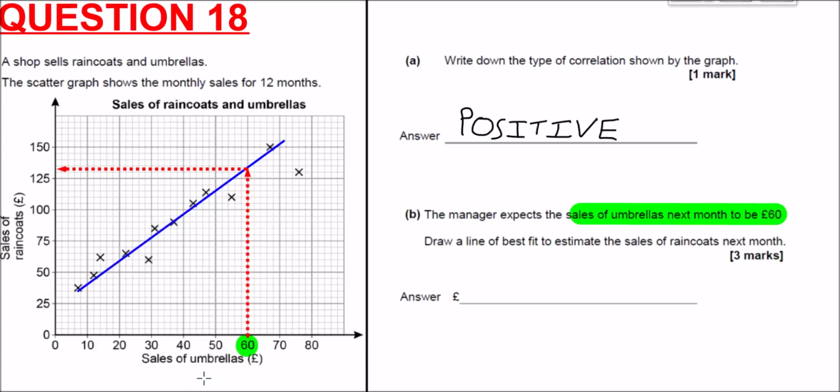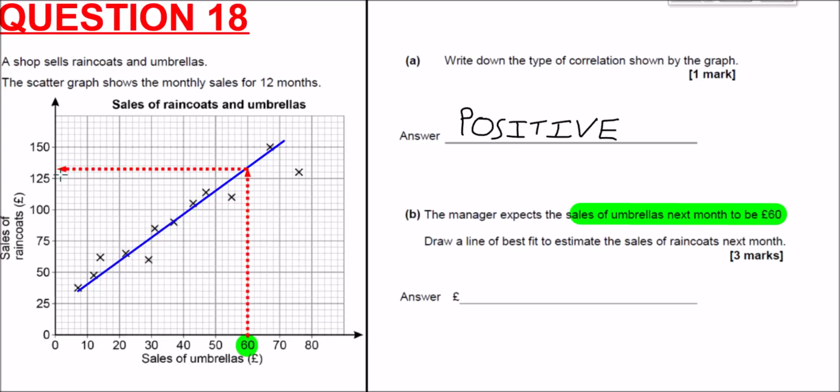And so it seems to me like £60 sales of umbrellas would correlate to approximately £135 or maybe even £130. Probably round up because it's half a square. So £135 worth of sales of raincoats.